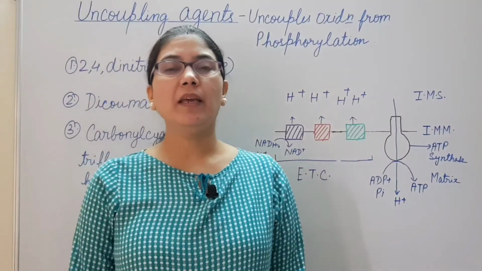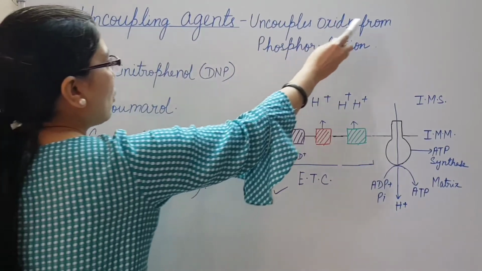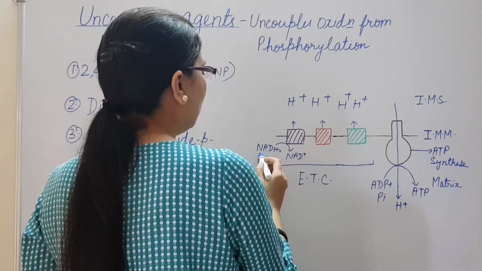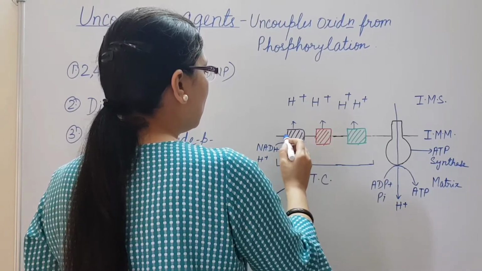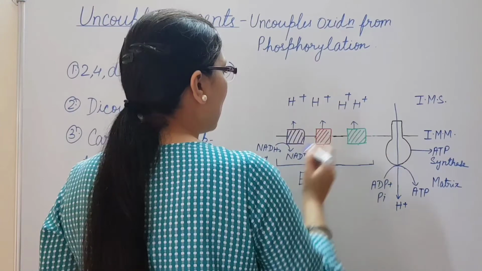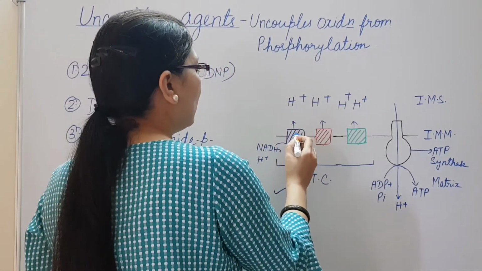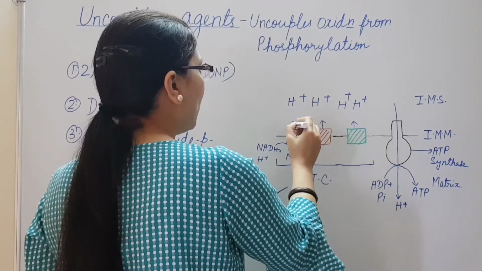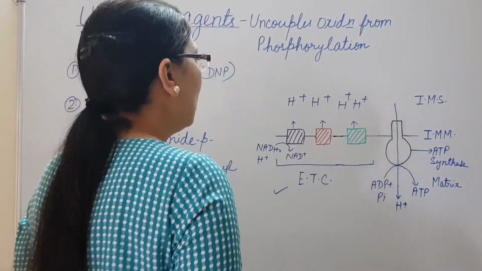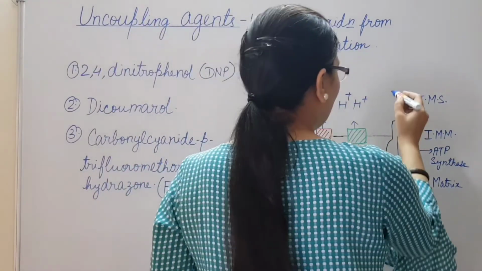Now uncoupling agents. Uncoupling agents uncouple oxidation from phosphorylation. We have already seen that reduced coenzymes transfer electrons to the electron transport chain. In this process, energy is released, and the complexes pump protons across the inner mitochondrial membrane, so an electrochemical proton gradient is generated.